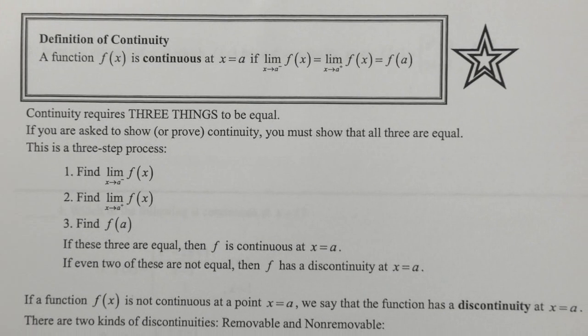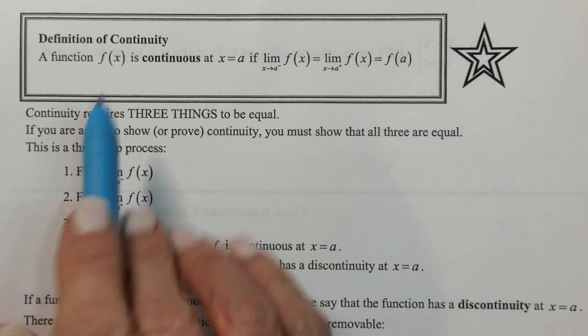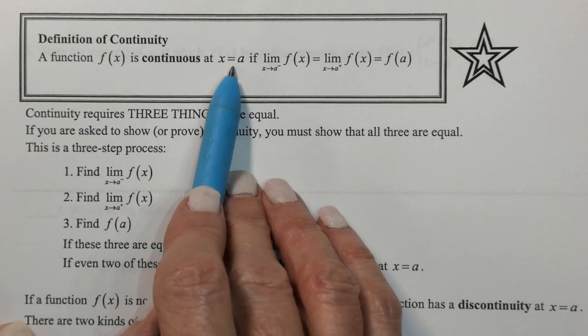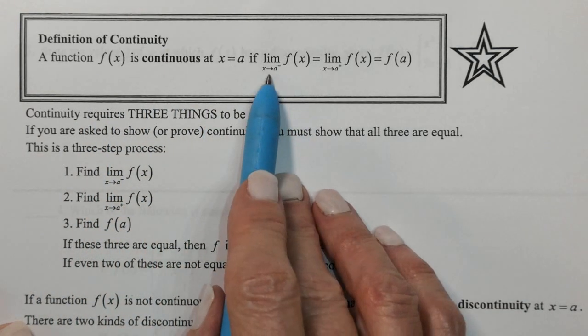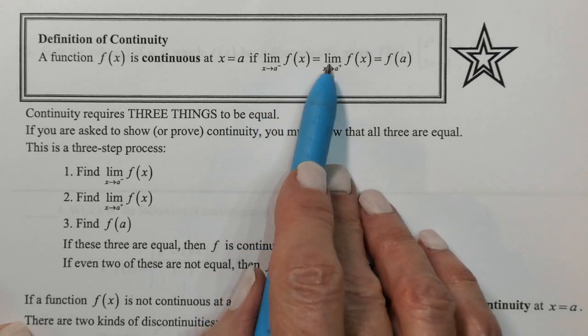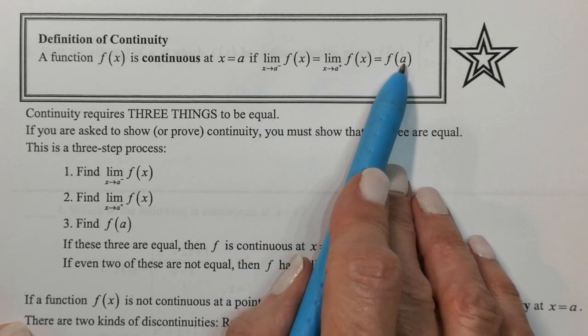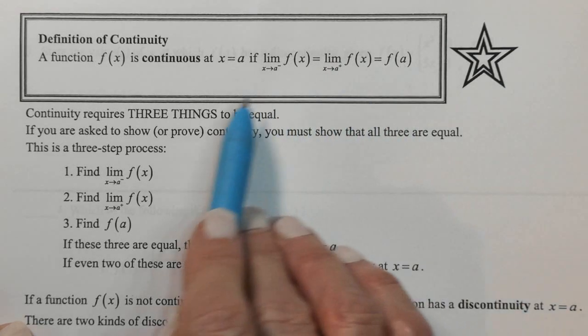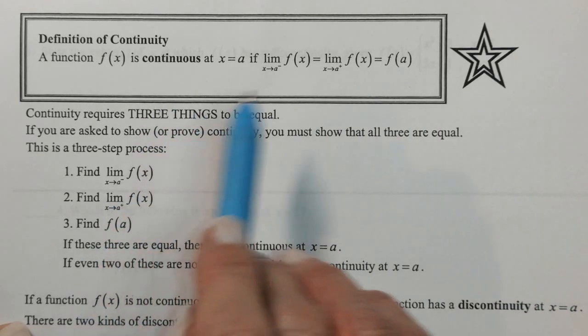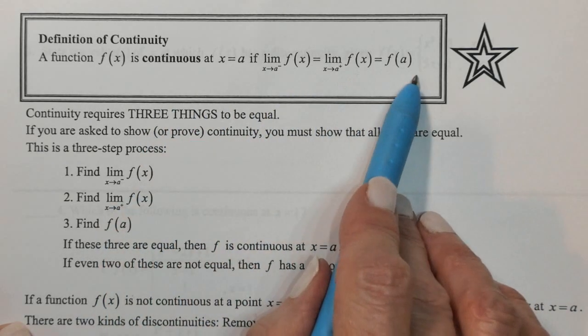So, definition of continuity. A function f is continuous at x equals a if the limit from the left is equal to the limit from the right and it's equal to the function value. Continuity requires those three things to be equal.